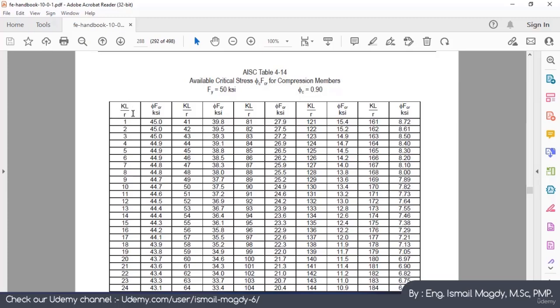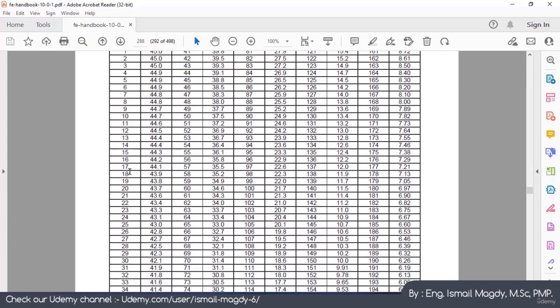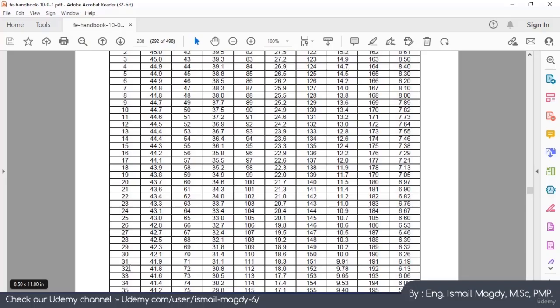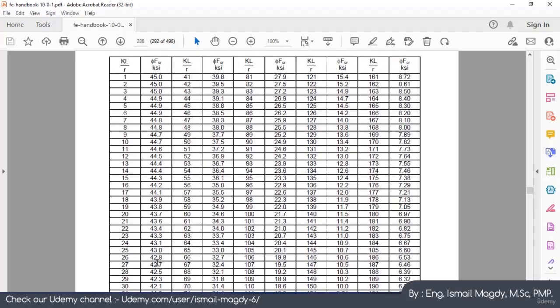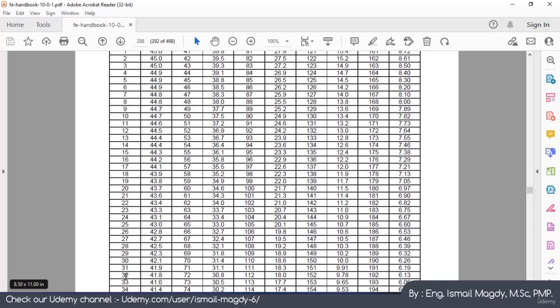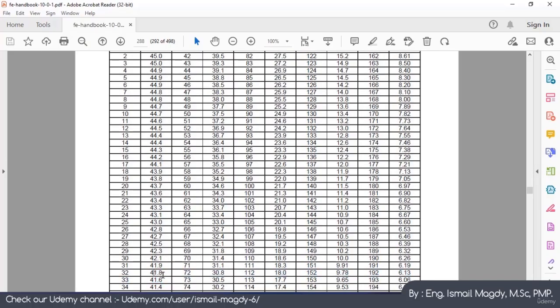We know that KL over r equals 31.8, which is going to be here between 31 and 32, approximately 32. In front of it here, you will see this is the phi FCR per KSI. So if it is approximately 32, you will get that the design strength, or the phi FCR, equals 41.8, which is approximately 42.